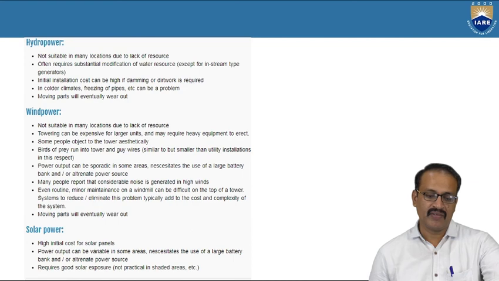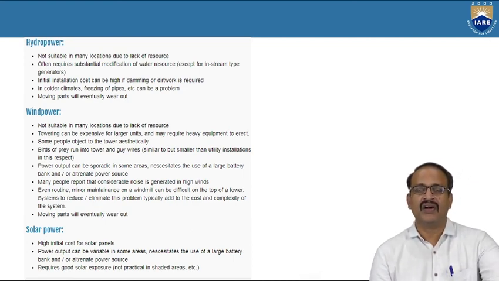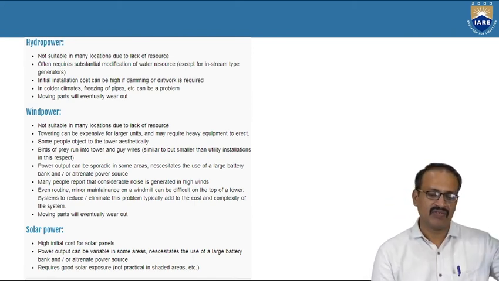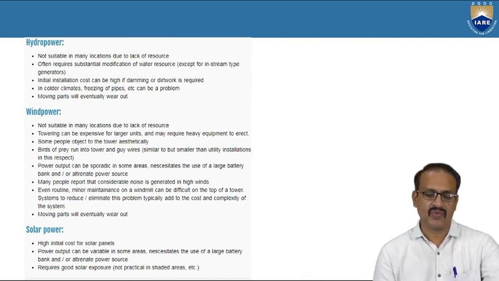If you come to the disadvantages, hydropower is not suitable everywhere. We have to construct where the location is favorable, and modify according to the water resource.